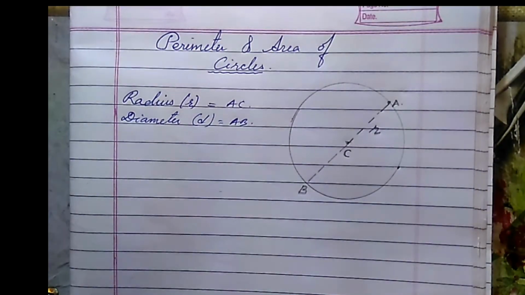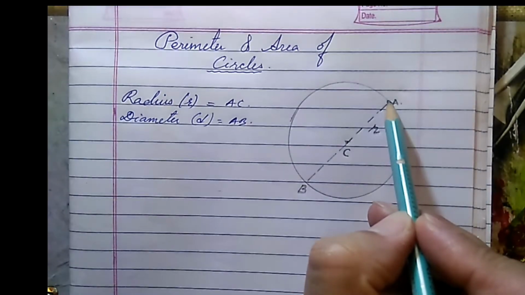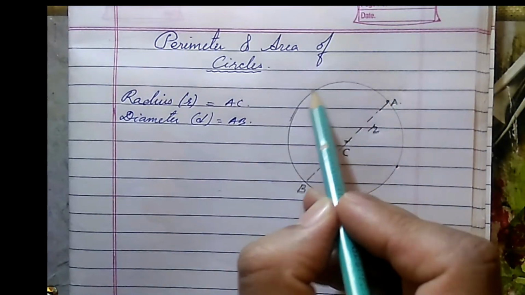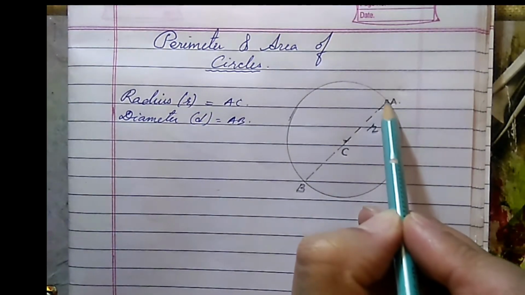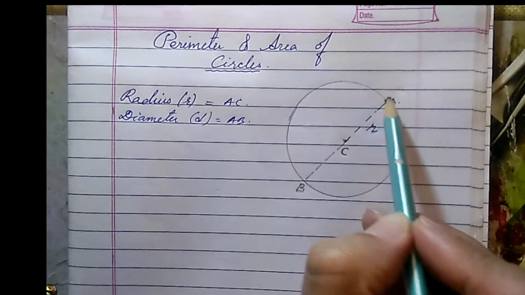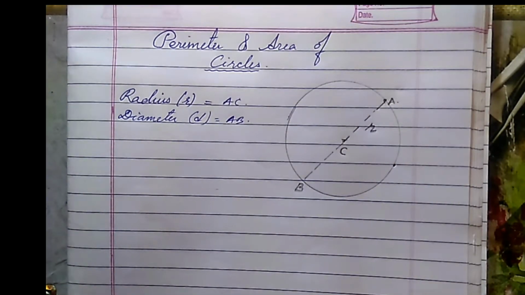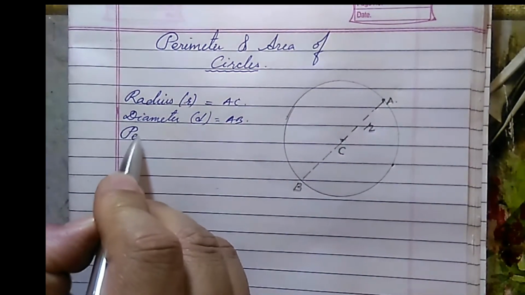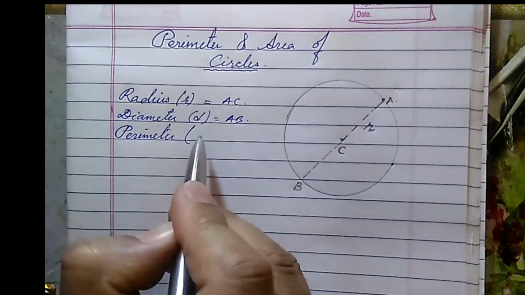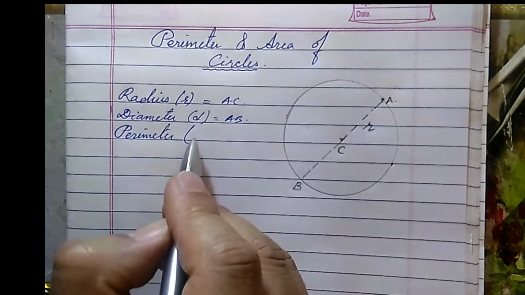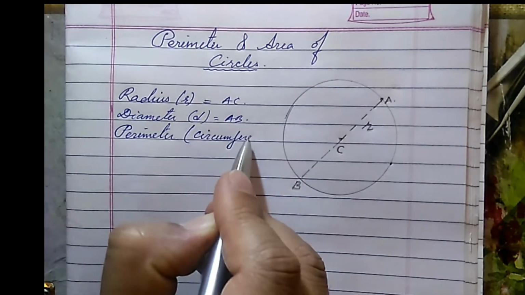Now, if we measure the distance moved by this point A starting from here and right through this entire length and back to its own point, then the total distance is called the perimeter of the circle. In case of a circle, the perimeter is also known as circumference.